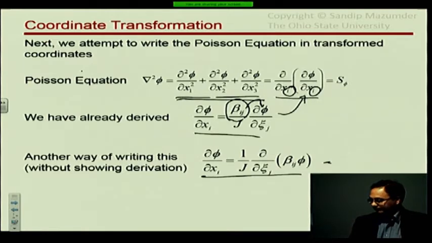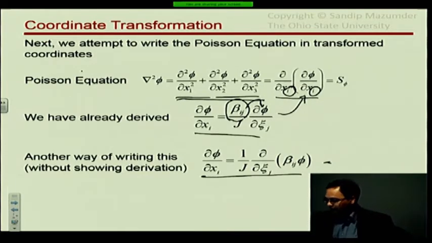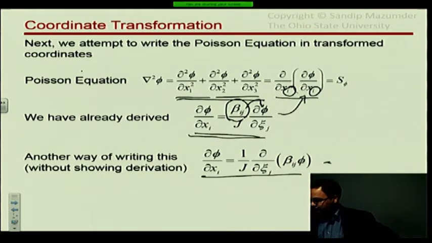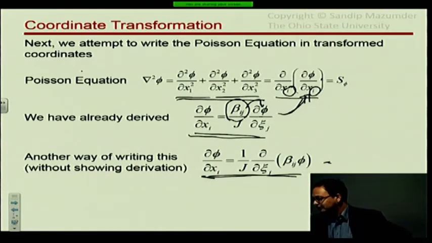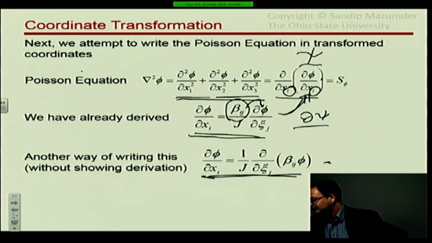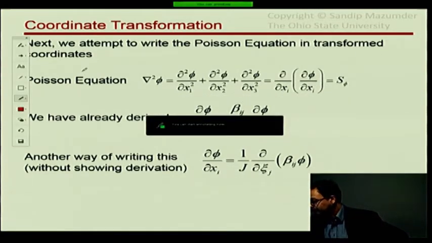All right, so what we are going to do now is use this expression for this inner derivative here, and use this expression for the outer part. Now what this means is, you can think of this quantity within brackets as some other quantity psi, let's say. So instead of d phi dxi, we can think of this as d psi dxi. Okay, or you can just think of this as an operator. Let me just write this down.